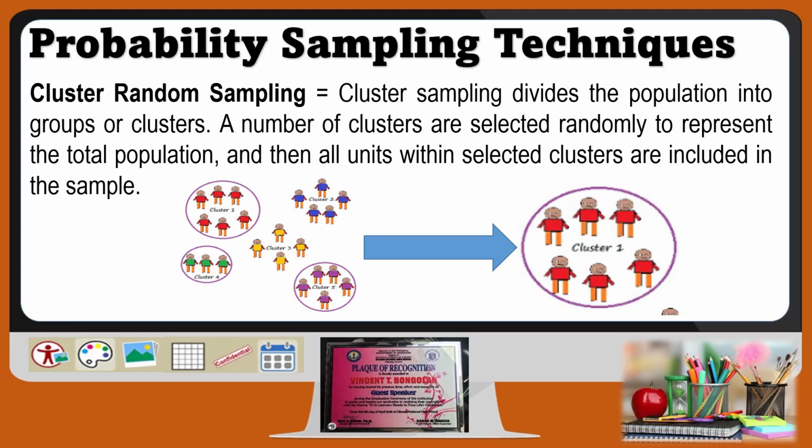A cluster random sampling divides the population into groups or clusters. A number of clusters are selected randomly to represent the total population, and then all units within the selected clusters are included in the sample.